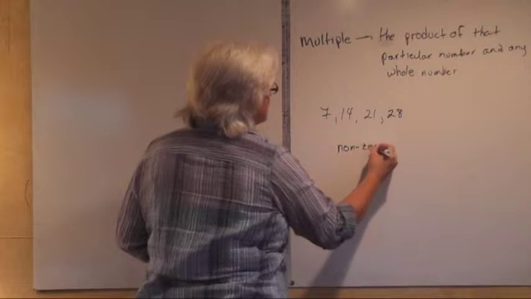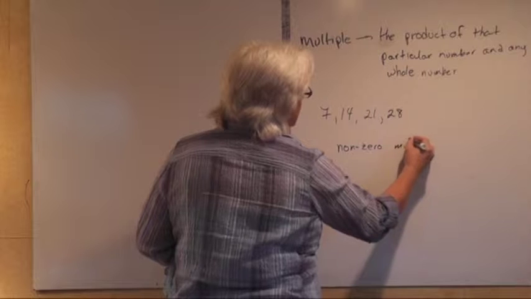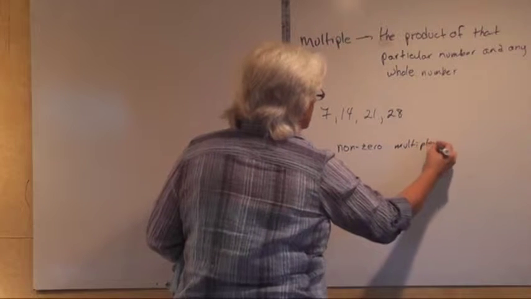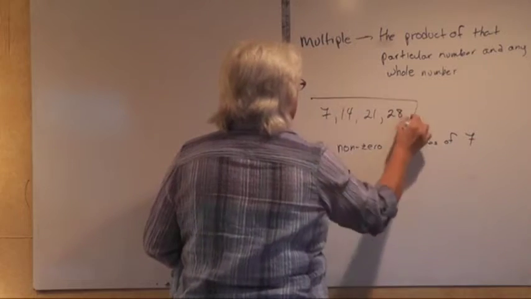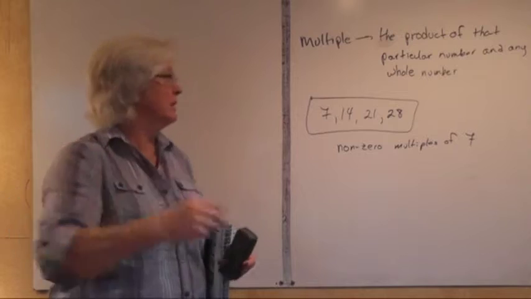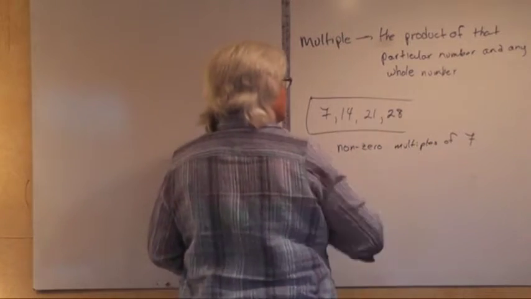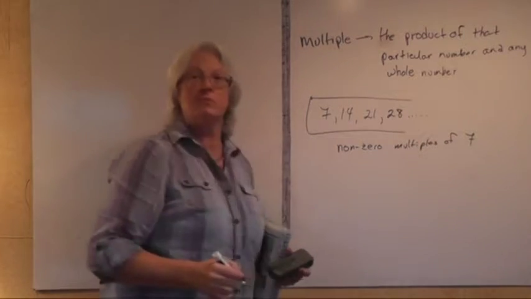And on some sort of a standardized test, they might give you a sequence of numbers, multiples of 7. And they might say, okay, you have these numbers here, 7, 14, 21, 28. What comes next?